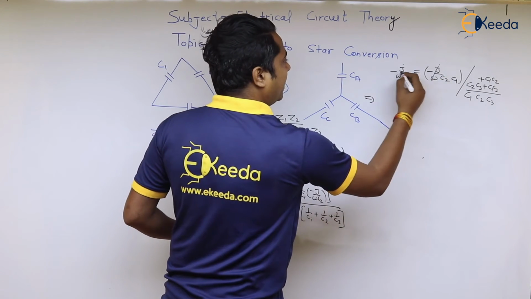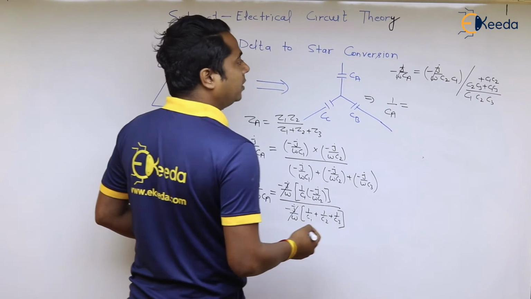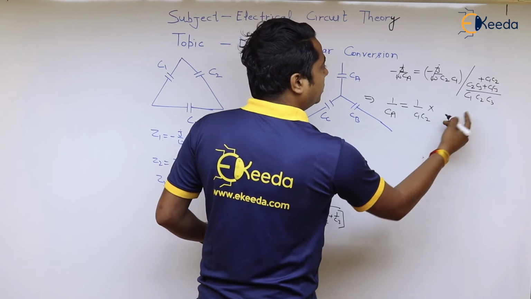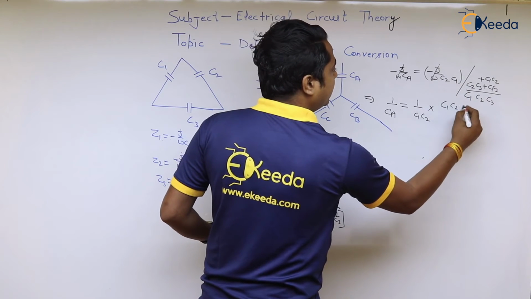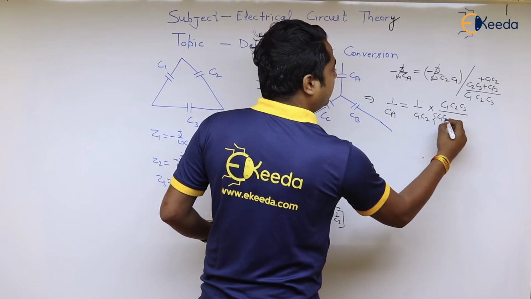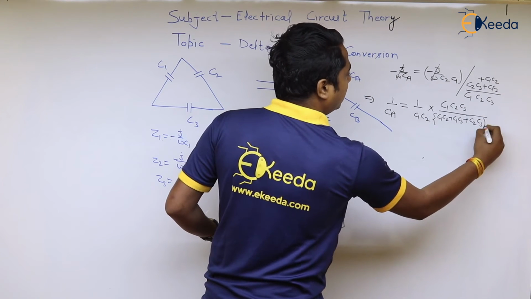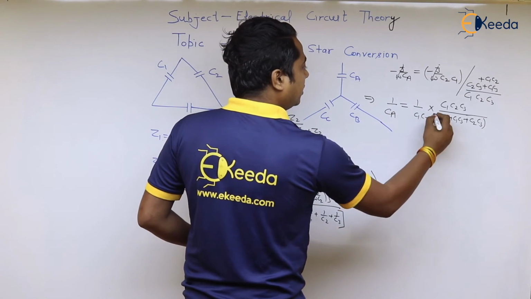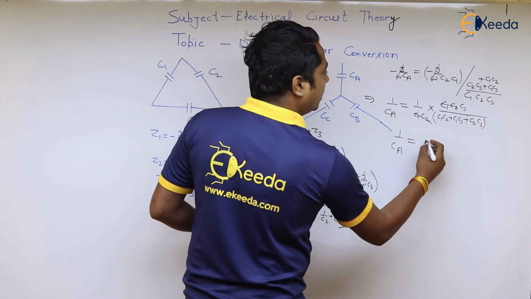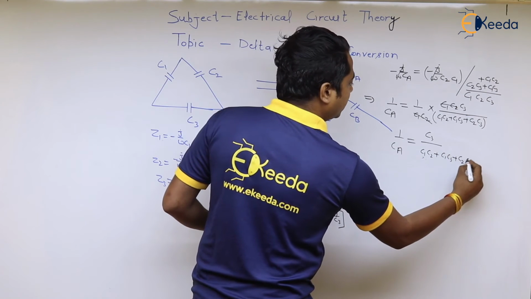And this time minus j upon omega will be cancelled out and we can write 1 upon CA will be equal to 1 upon C1 C2 into, this will go into the numerator, C1 C2 C3 upon C1 C2 plus C1 C3 plus C2 C3, and this will give 1 upon CA will be equal to C3 upon C1 C2 plus C1 C3 plus C2 C3.